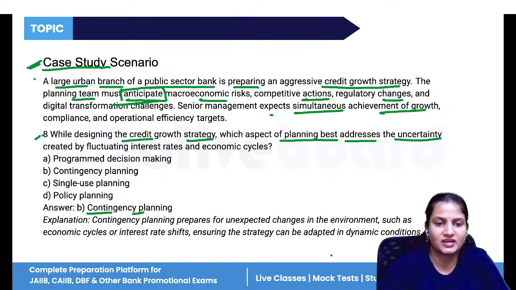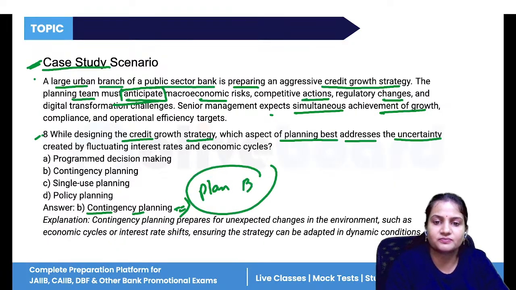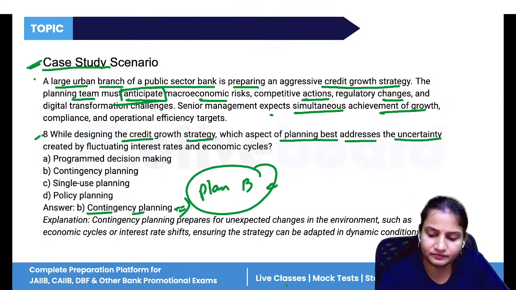What should be the best? The bank should have made one more plan. If the first plan is not working, then they can go for the second plan. That is called contingency planning. So you have to make plan B. If plan A does not work, then there should be plan B. I guess it's clear now.